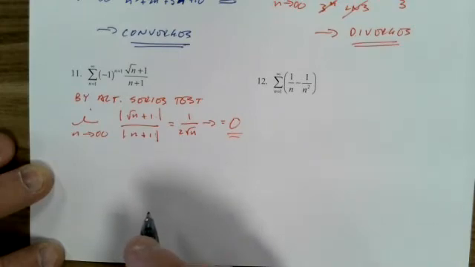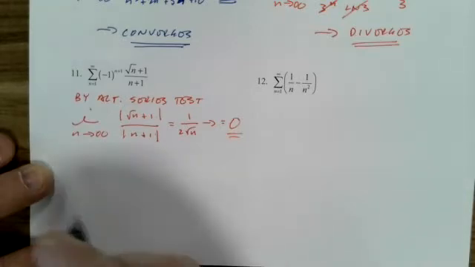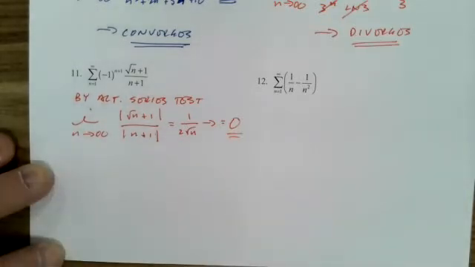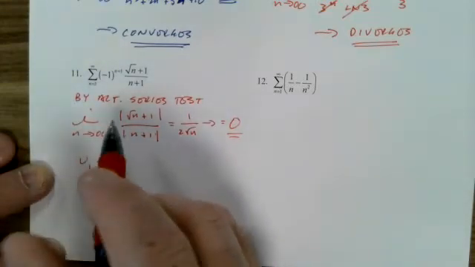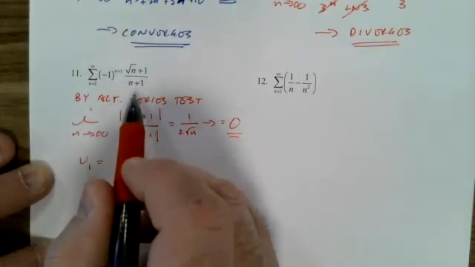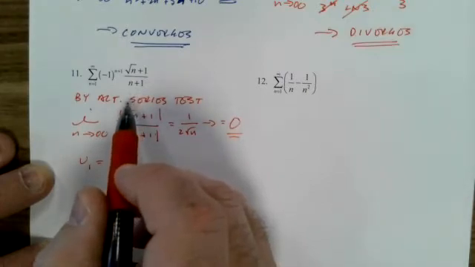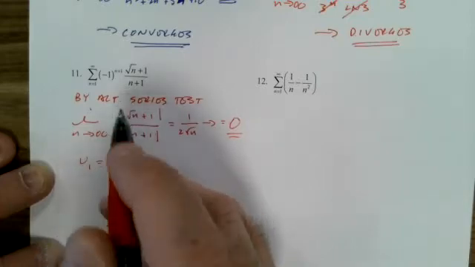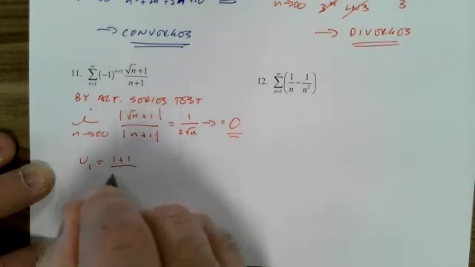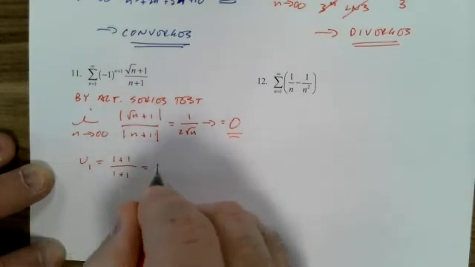Now we have to say what's U1. So the first term, by the way, it's alternating. My notes are wrong. 1 plus 1 over 1 plus 1 equals 1.